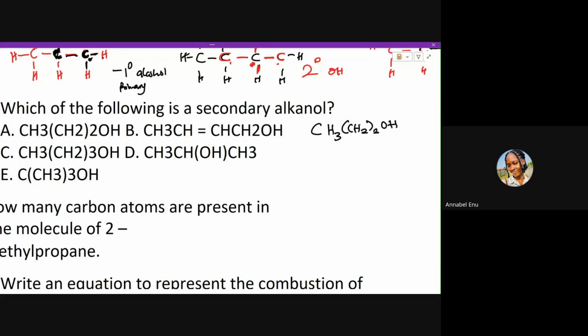Now let us see if this is primary, secondary, or tertiary. I hope you know how to draw this kind of structure. This CH2 in bracket 2 means 2 CH2s. Normal mathematics.